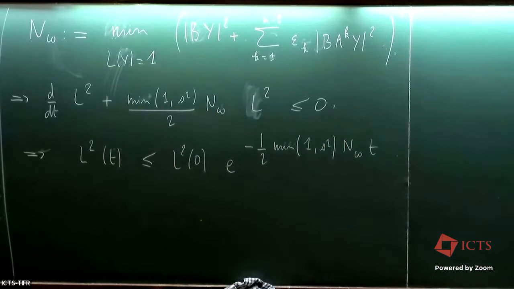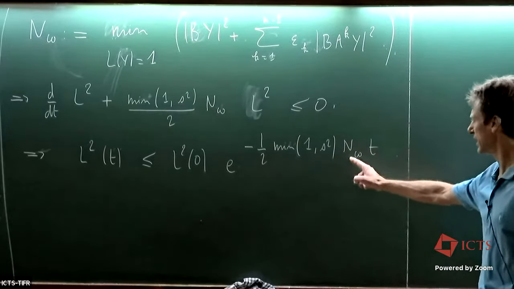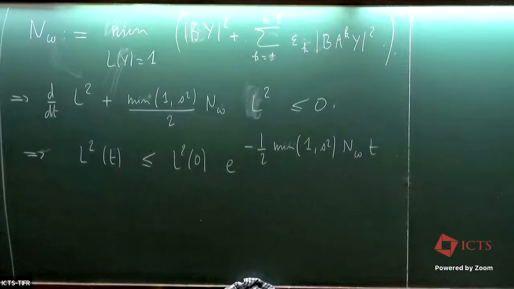Okay, so the question now is, it may happen that n omega is 0. Okay, in which case not very interesting. So this inequality becomes interesting if you can ensure that n omega is positive. So when is it true? N omega is positive means that somehow by doing all this combination, you recover the norm of y.